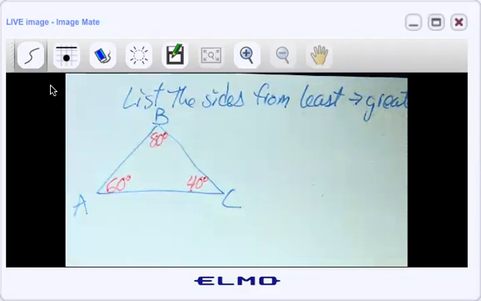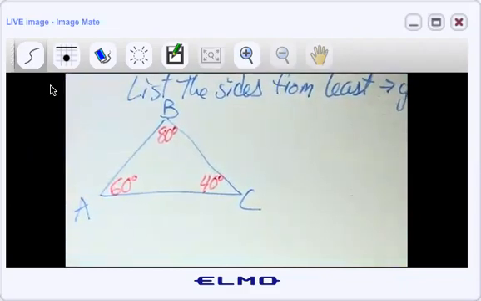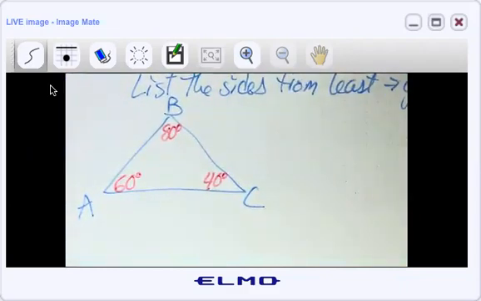Okay, so I have my three angles. Hopefully you can see them nice and clearly. So now I want to list the sides from least to greatest. Which of these three sides, does anyone want to take a guess, has to be the smallest side?